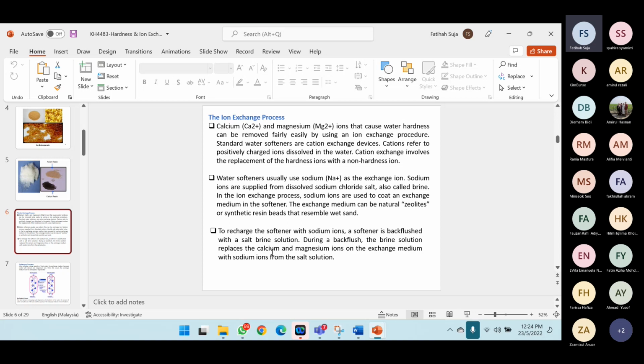Then you need to remove the calcium and magnesium because you want to still use the resins, so you have to recharge the softener. How do you recharge the softener? A softener is backflushed with a salt brine solution. Okay, during a backflush, the brine solution replaces the calcium and magnesium ions on the exchange medium with sodium ions from the salt solution.